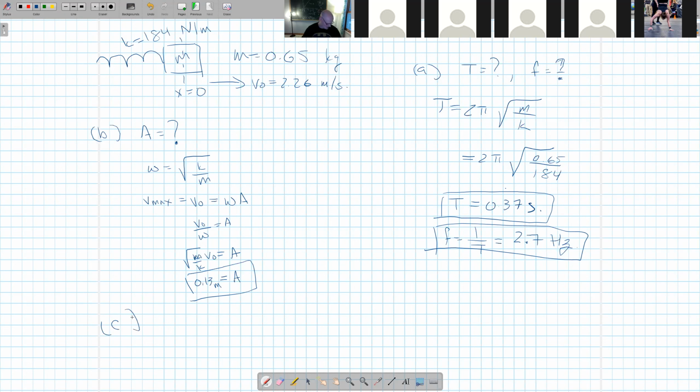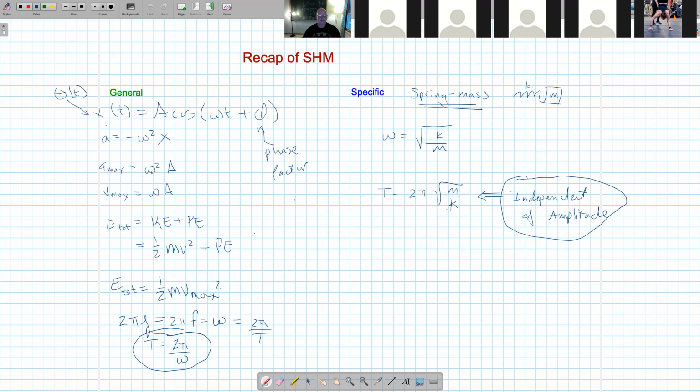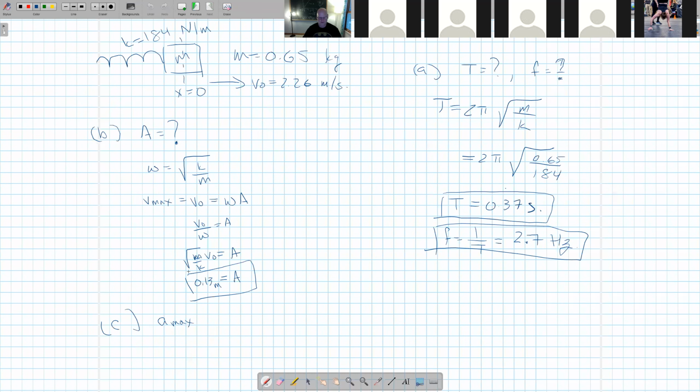Now part C, where we're looking for the maximum acceleration, a max. Going back to our equations that we wrote down, a max is simply the angular frequency squared times the amplitude. So this is omega squared times A. Omega is the square root of k over m, so this is k over m times the amplitude.